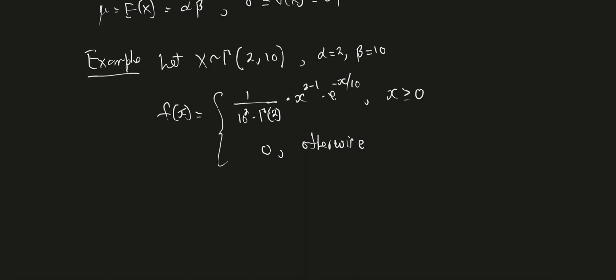Previously when we talked about the gamma function, it has this property that if you're taking the gamma of a positive integer, it is the integer minus 1 factorial. So this is going to be 2 minus 1 factorial, and that will be 1 factorial, which is 1.